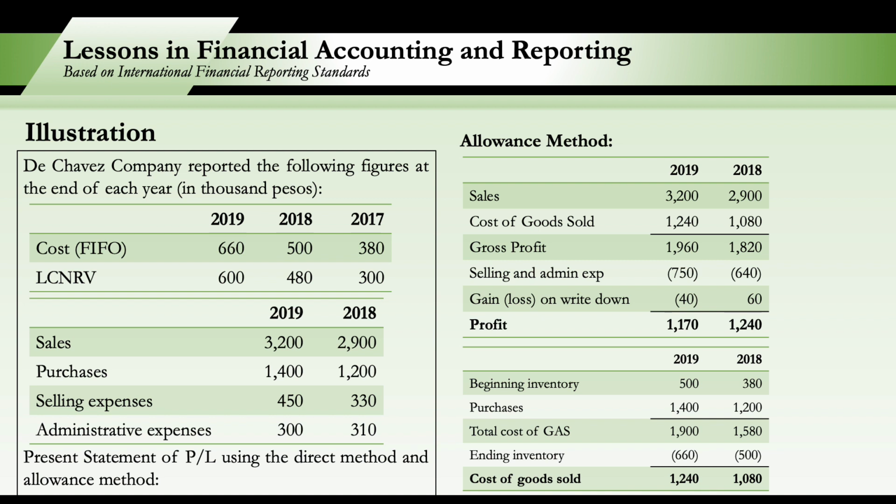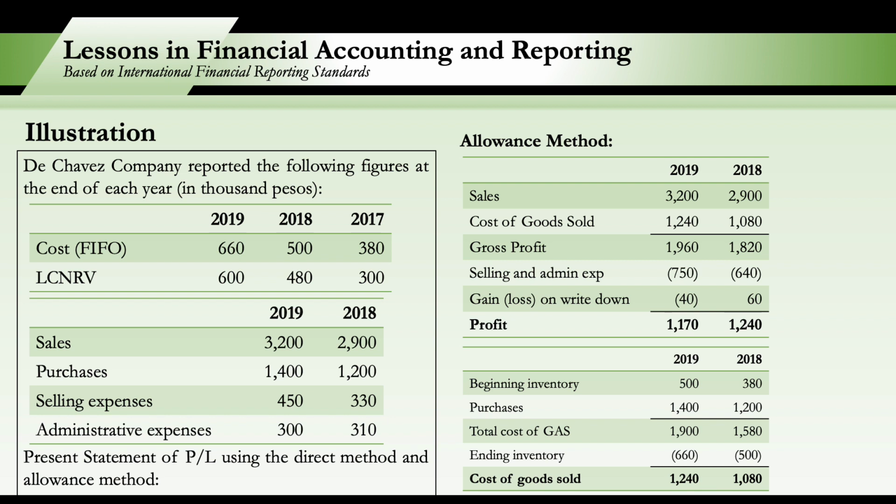So whether gross method, allowance method or direct method, kapag ganun yung ginawa natin na yung gain or loss on write-down ay na-record natin as adjustment to cost of sales, so mag-i-equal ang cost of sales natin for both direct method and allowance method. Pero same pa din naman, ang profit natin is parehas.